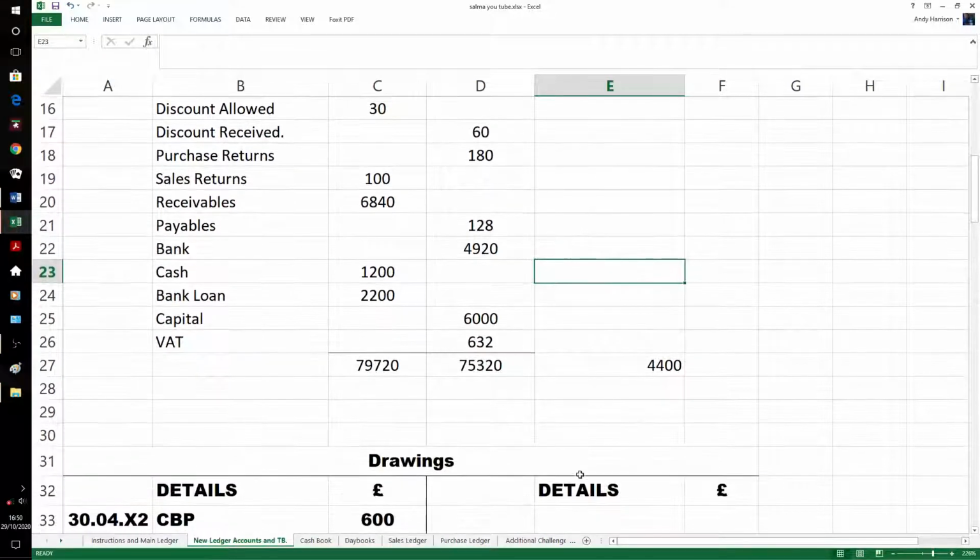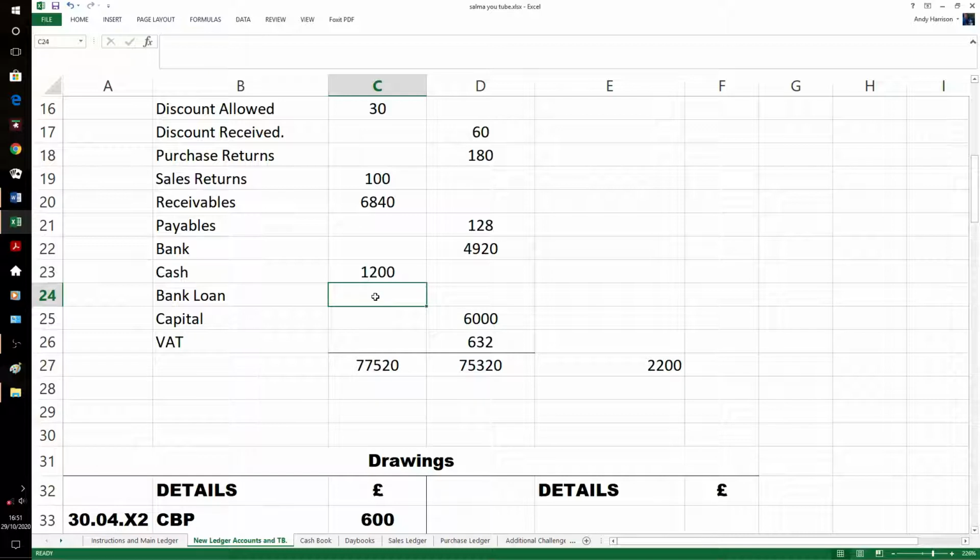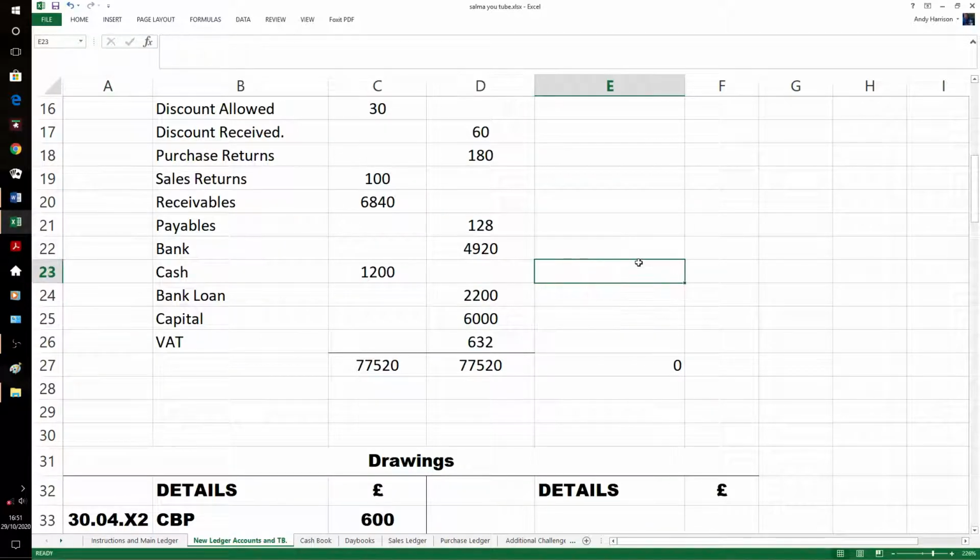Well, 4,400. Have I missed anything out? I'll put the right numbers in. What have I done? One of the silliest, easiest mistakes. Which is why it was 4,400 out, 2,200.